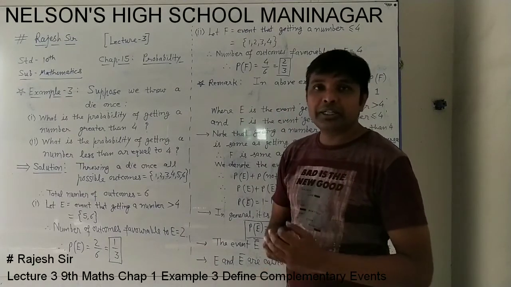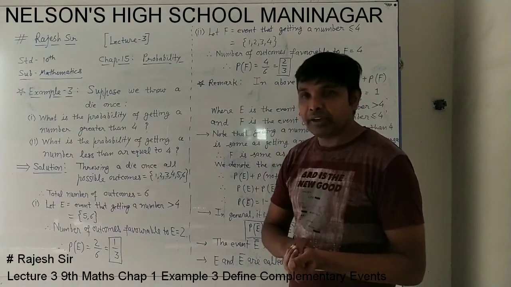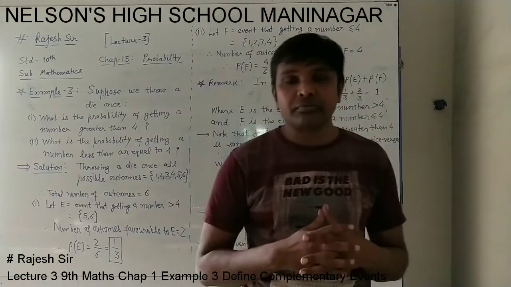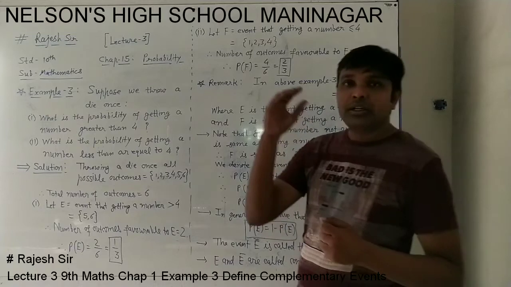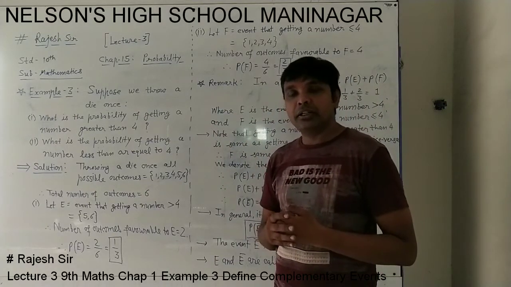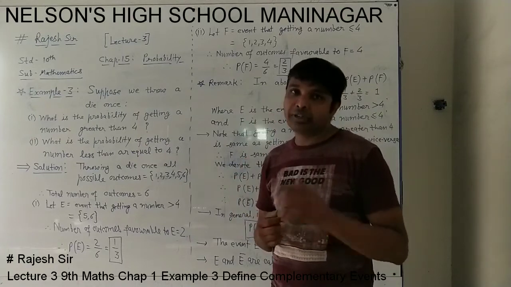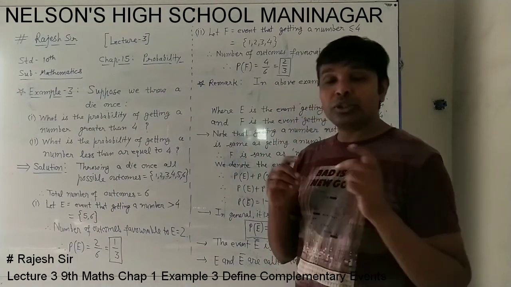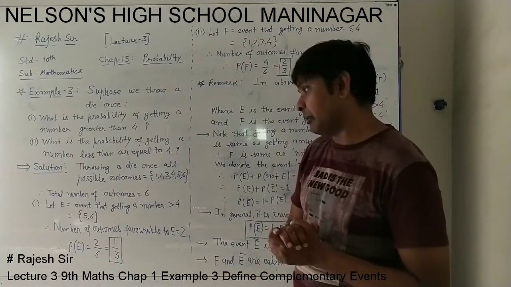Now remember the theoretical approach: the probability of any event is found in fraction form, where the numerator is the number of outcomes favorable to the event E, and in the denominator we put the total number of outcomes in the experiment.